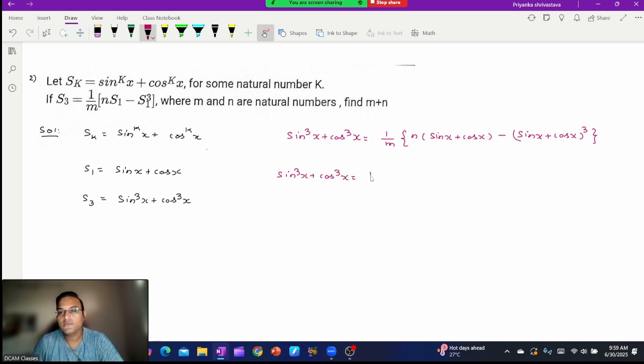Let's expand it now: (a plus b) whole cube is a cube plus b cube plus 3ab into (a plus b).